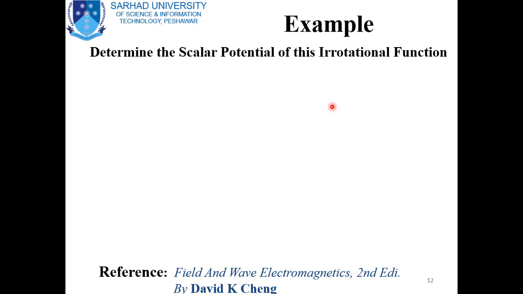Now once we have an irrotational function, that is the curl of f is equal to 0, then we can obtain a scalar potential in which we can write f as a negative gradient of that scalar potential.